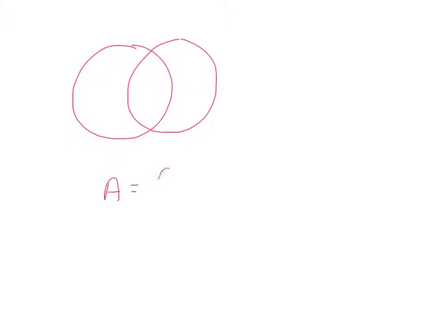So how does this work? Well, maybe set A is the values 1, 3, 5, 7, and 9, and maybe set B is the values 1, 2, 3, 4, and 5.